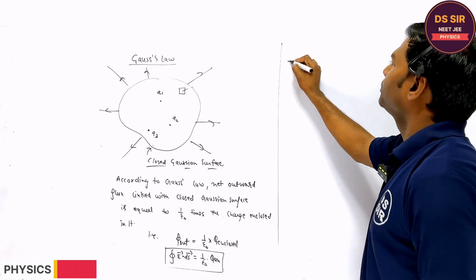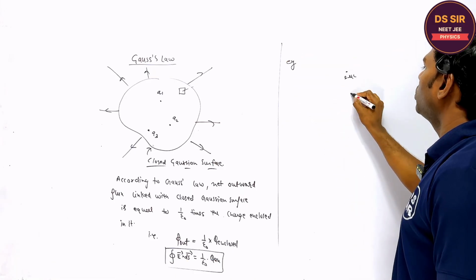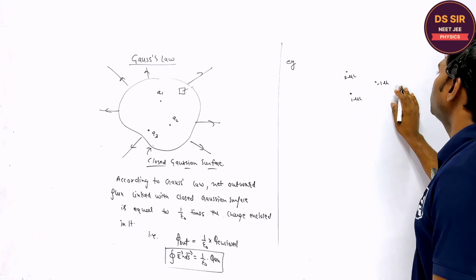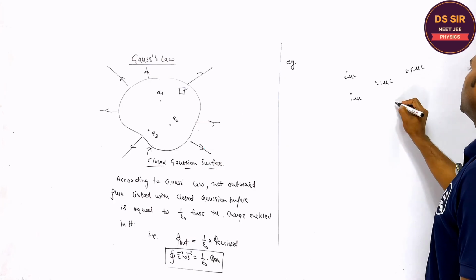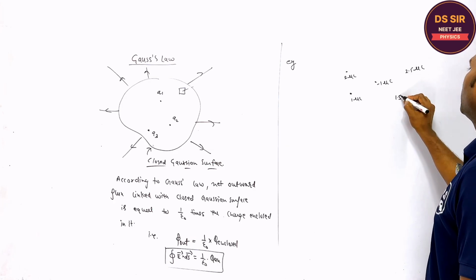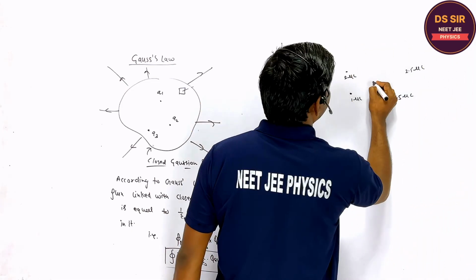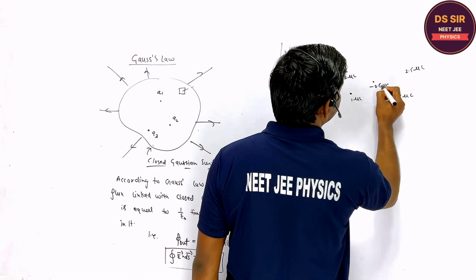For example, I'm giving you one illustration. This is the 2 microcoulomb charge, this is the 1 microcoulomb charge, this is minus 1 microcoulomb charge, this is the 2.5 microcoulomb charge, this is 1.5 microcoulomb charge, and I am writing minus 0.5 microcoulomb charge like this.